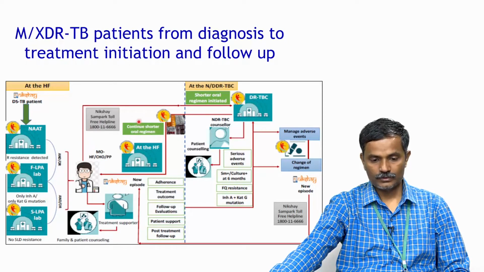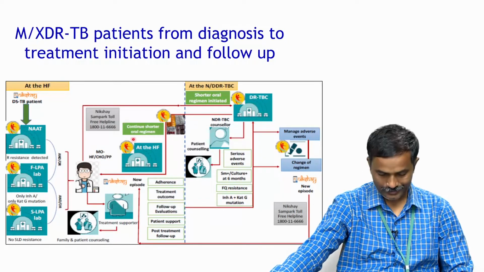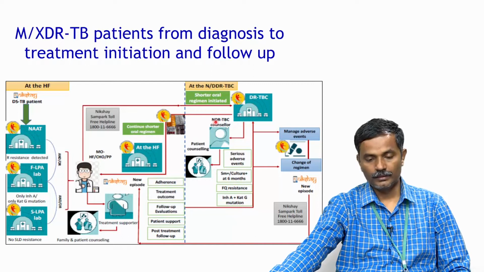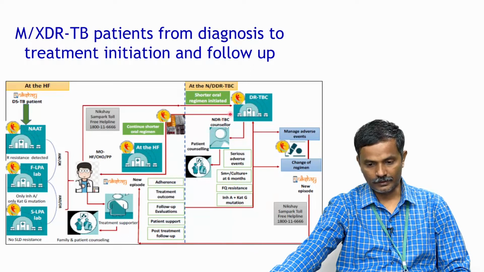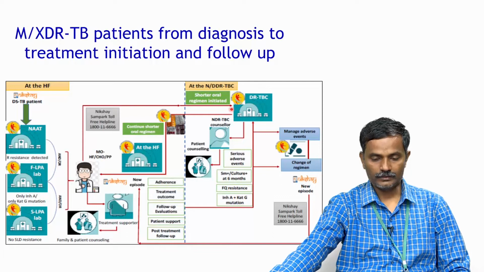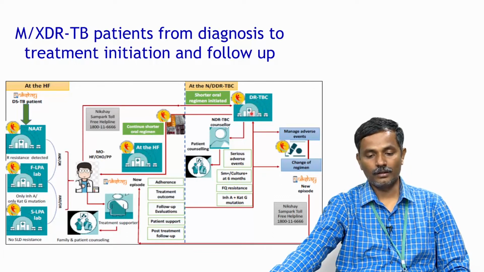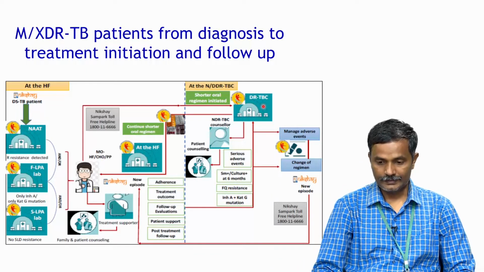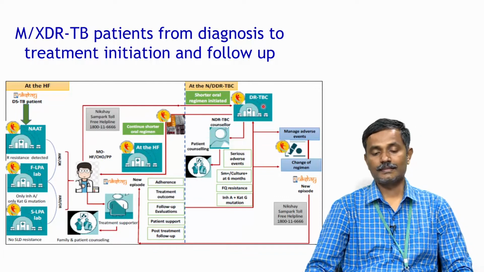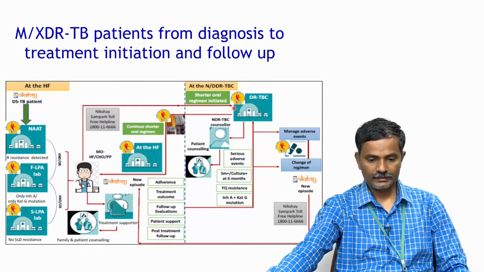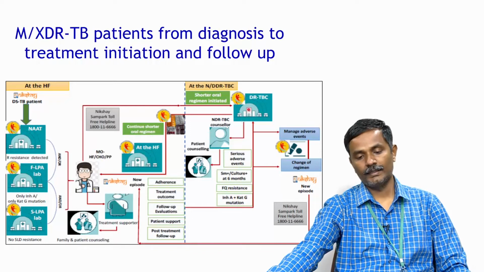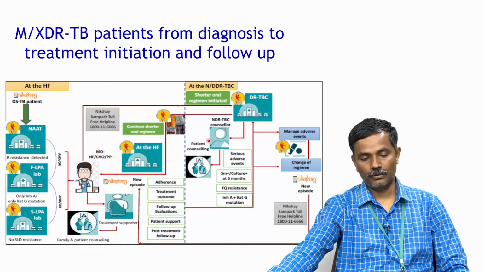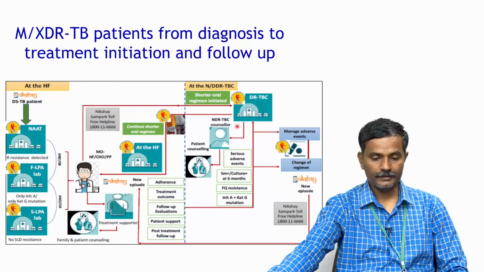If it is diagnosed as DRTB, that is drug-resistant TB, especially rifampicin resistance, that is MDR or RR-TB, these patients are referred to their nearest DRTB centers for further evaluation with second-line LPA as well as liquid culture sensitivity. After the diagnosis, they will initiate the treatment, where a DRTB counselor is available to give patients detailed counseling regarding DRTB.